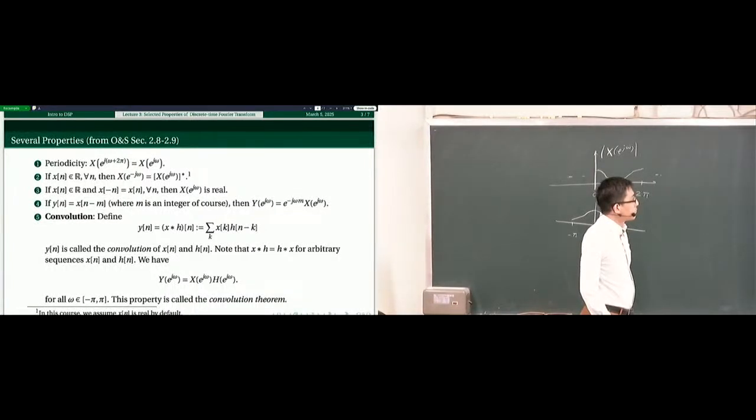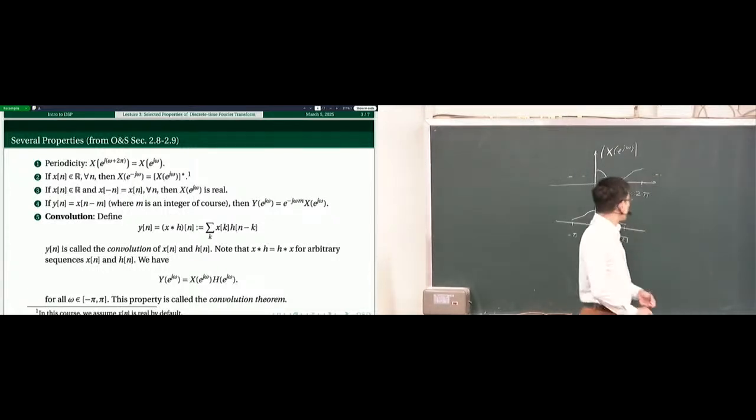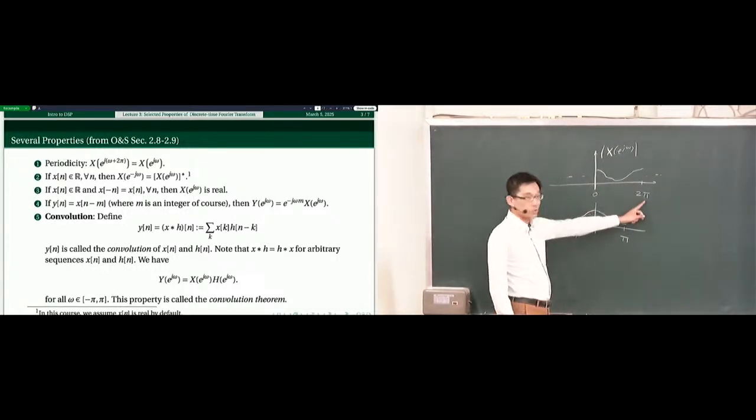So what's the implication? What's the implication of property number 2? If I ask you to plot the magnitude spectrum again, for a signal that you know is real, what's the consequence? Do you really need to plot from 0 to 2 pi?